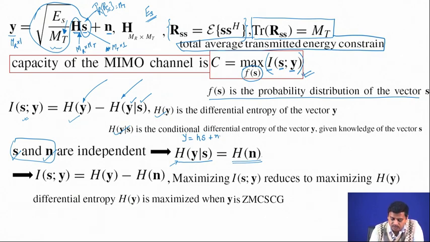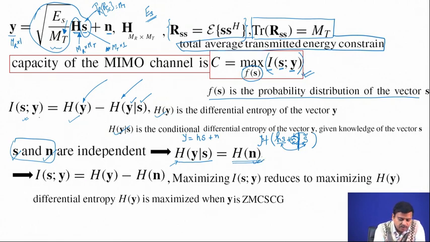Because we are saying that HS plus N conditioned on S is what we are trying to evaluate. Now, since N and S are independent, you do not have any uncertainty there. So, what is left is the uncertainty of N given S. So, H of N given S is basically H of N, right. That is what we have over here.